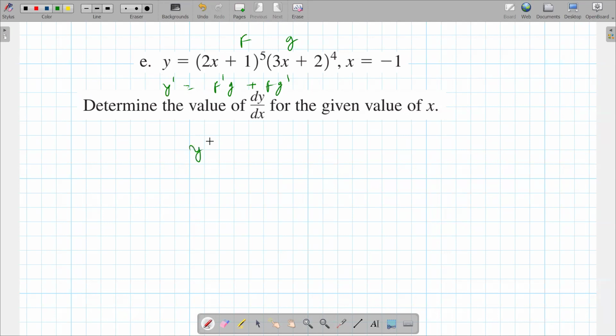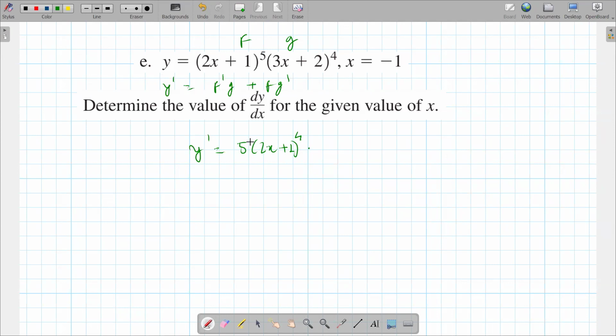So why don't you try it? What's f prime here? So f is 2x plus 1 to the power of 5. So 5 times 2x plus 1 to the power of 4 is good, except we also need to consider the chain rule, because now the inner function is no longer an x, it's 2x plus 1.